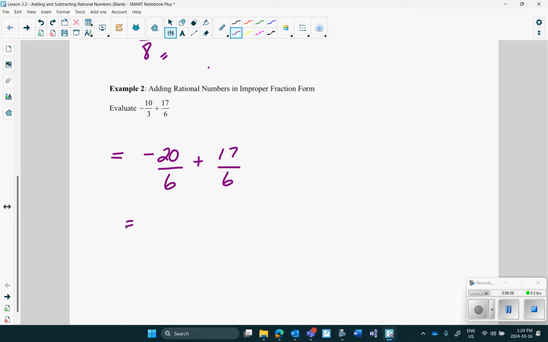Negative 20 plus 17. Negative 3 over 6. That's right. This can be reduced. I can divide the top and bottom by 3. But don't forget there's still a negative there. So if I divide the top and bottom by 3 to reduce it, I got negative 1 now.